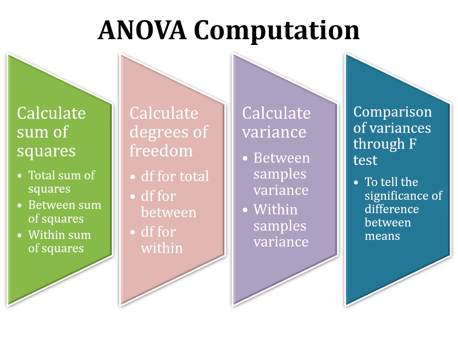Finally you calculate the F value, the comparison of variances through F test, to tell the significance of difference between mean values. So this is the scheme of ANOVA, and this is how you're going to do your ANOVA computation.